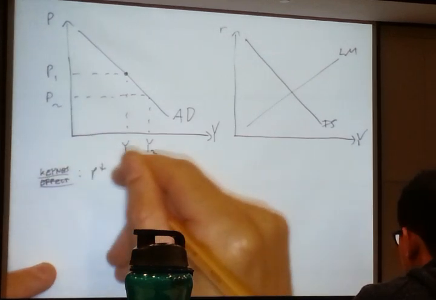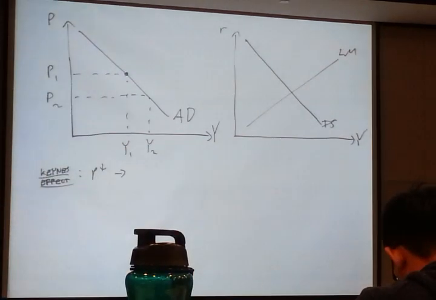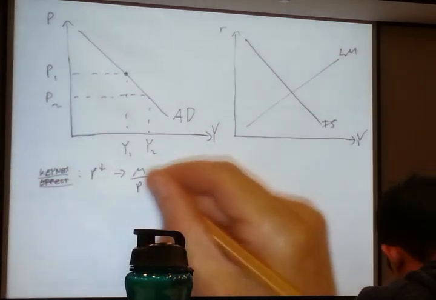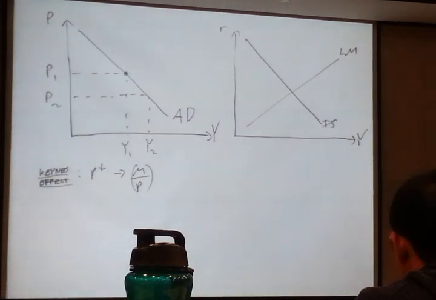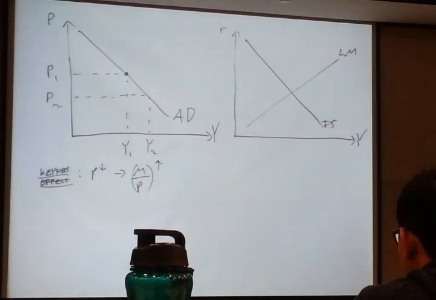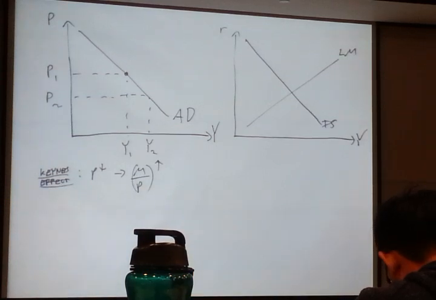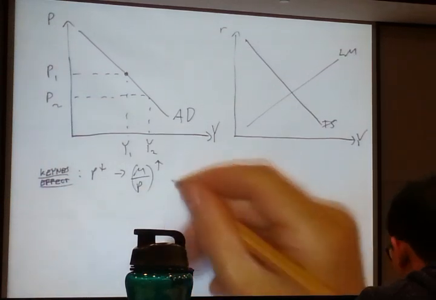Price goes down, what happens next? The money supply in real terms, M over P, goes up. The assumption is that the nominal money supply, the M, is constant here. That does what?